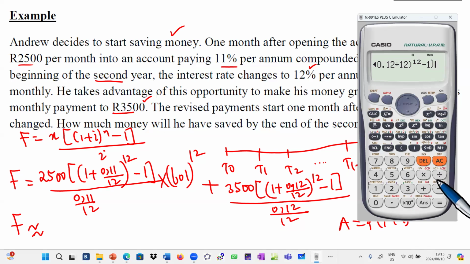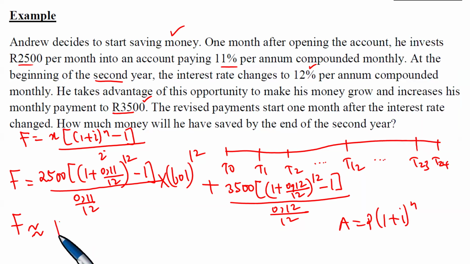So, okay. You divide by 0.12, you divide by 12. You close. So this is 79,951. So this is the answer.